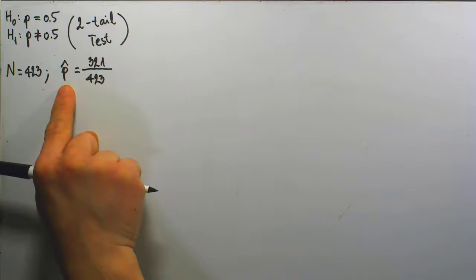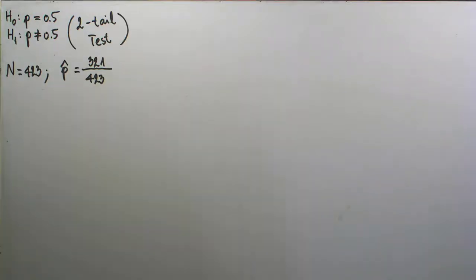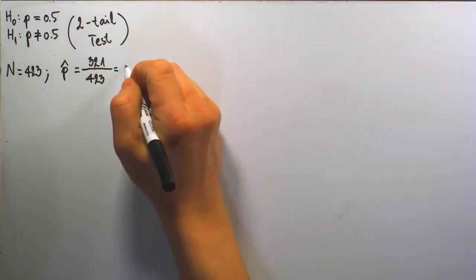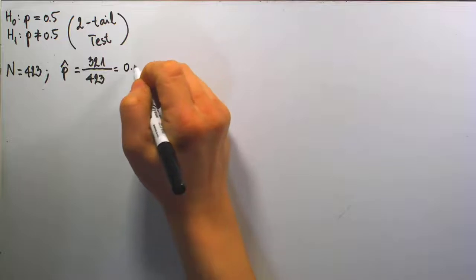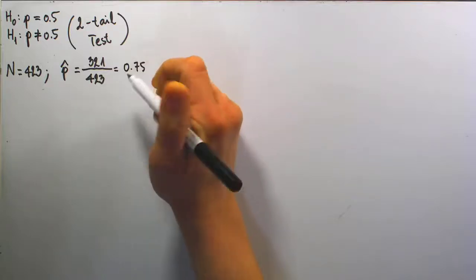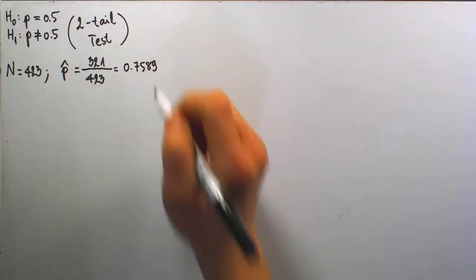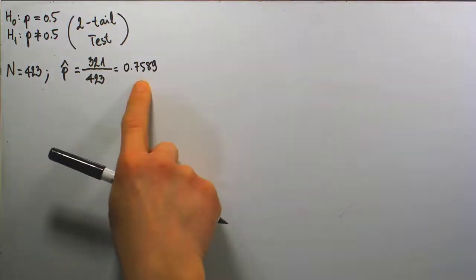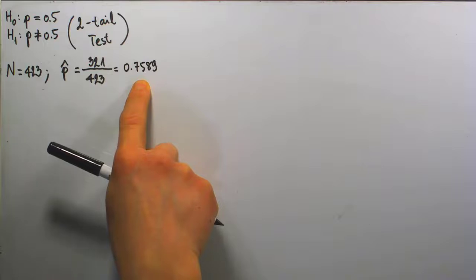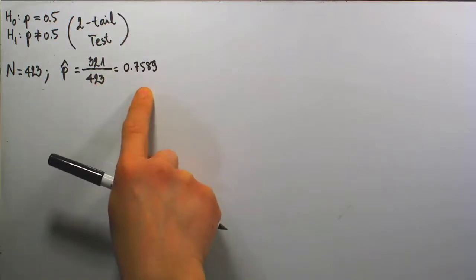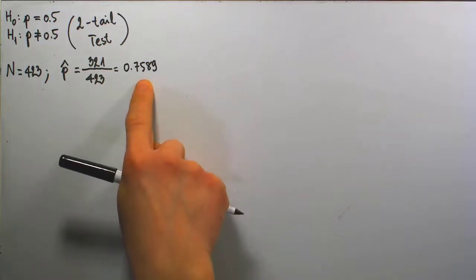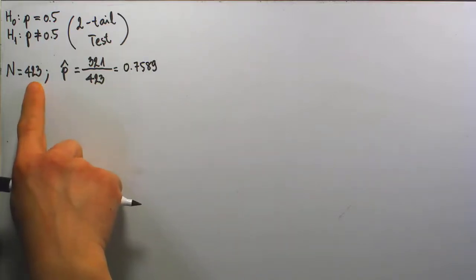The calculation came out in decimal being 0.7589. I use 4 decimal places for this sample proportion value, but make sure you watch for the rounding requirements in any problem that you're doing. So now we have a sample proportion, and again the sample size is 423.